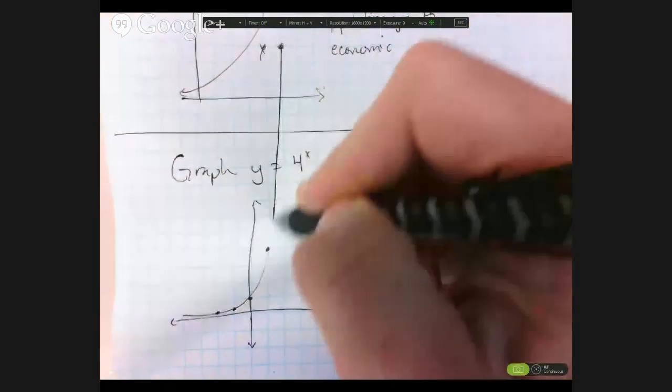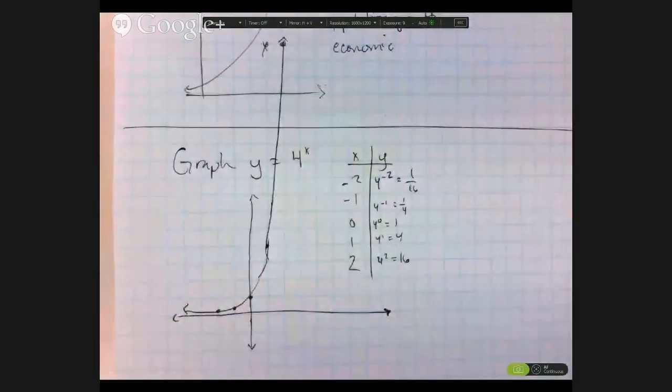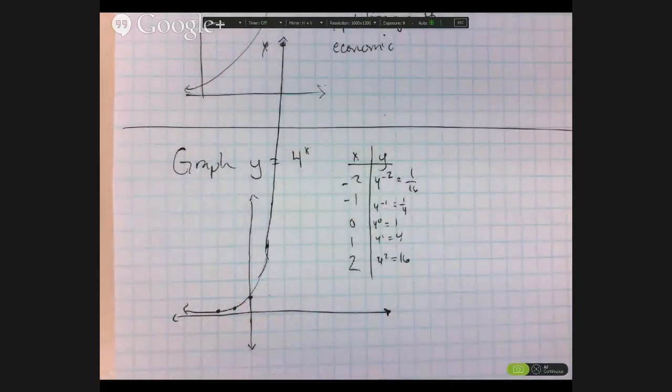Yeah, they pretty much follow the same shape. It's just a matter of how fast they grow. We can mess with it a little bit. Yeah, so you can see how fast these start to grow, right?